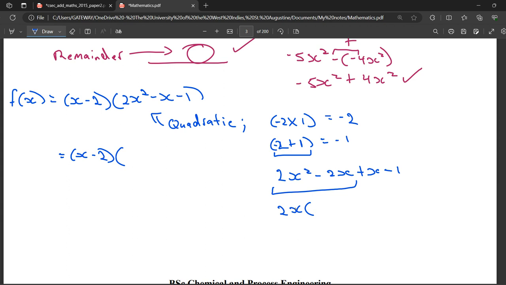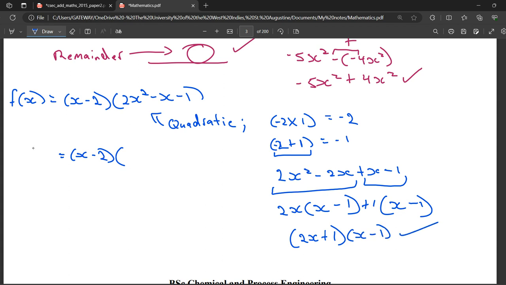Open your bracket, 2x squared divided by 2x is just x, for your minus sign, 2x divided by 2x is 1, close your bracket. What is common here? 1. Open your bracket. x divided by 1 is just x. Minus 1 divided by 1 is minus 1. Close the bracket. So what you're going to get is 2x plus 1 times x minus 1.